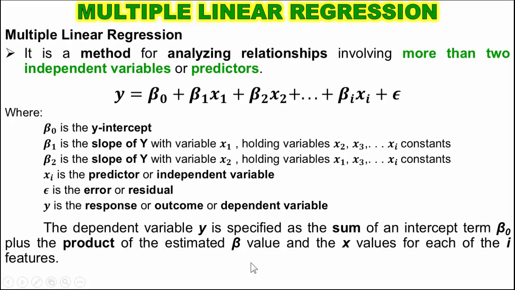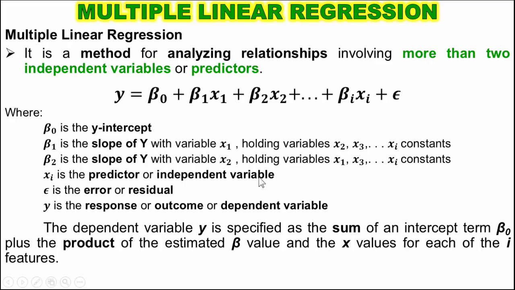The multiple linear regression is represented by this formula. Y is equal to beta sub 0 plus beta sub 1 multiplied by x sub 1 plus beta sub 2 multiplied by x sub 2 plus beta sub i multiplied by x sub i plus the epsilon, where beta sub 0 is the y-intercept, beta sub 1 is the slope of y with variable x sub 1 holding variables x sub 2, x sub 3 until x sub i constants.